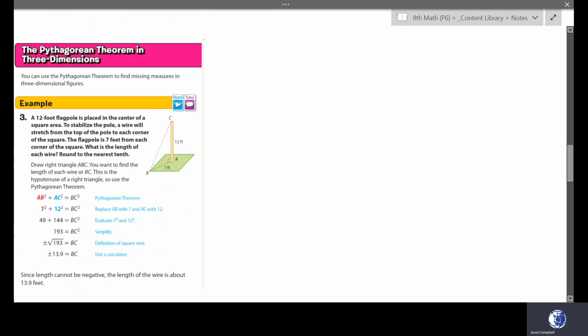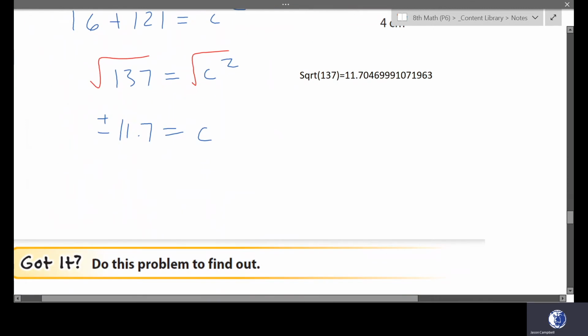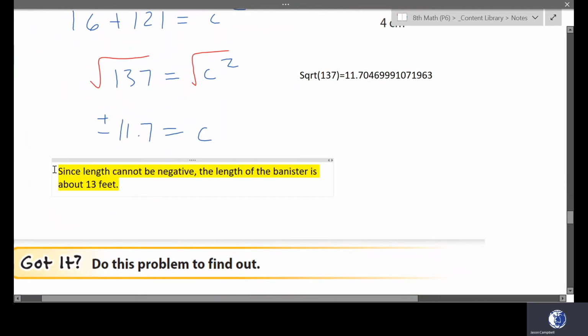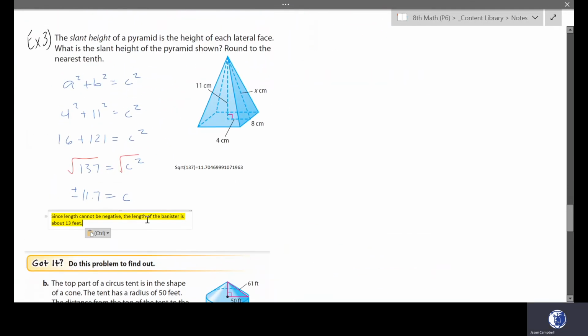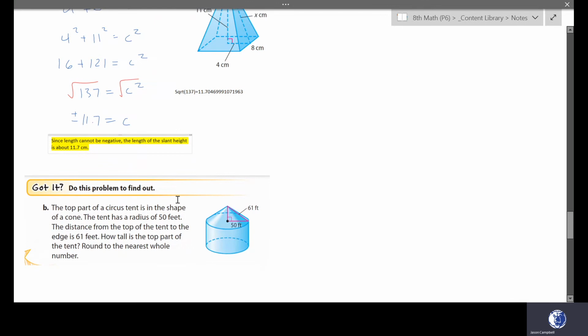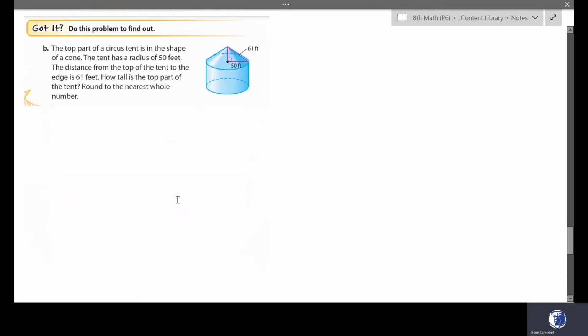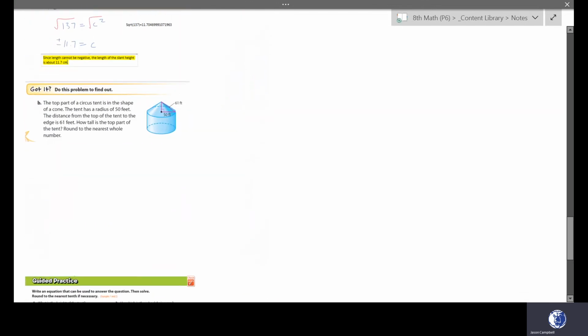We'll copy our sentence from before. Since length cannot be negative, the length of the slant height is about 11.7 centimeters. Go ahead and try Got It B, and then resume this video when you're done.